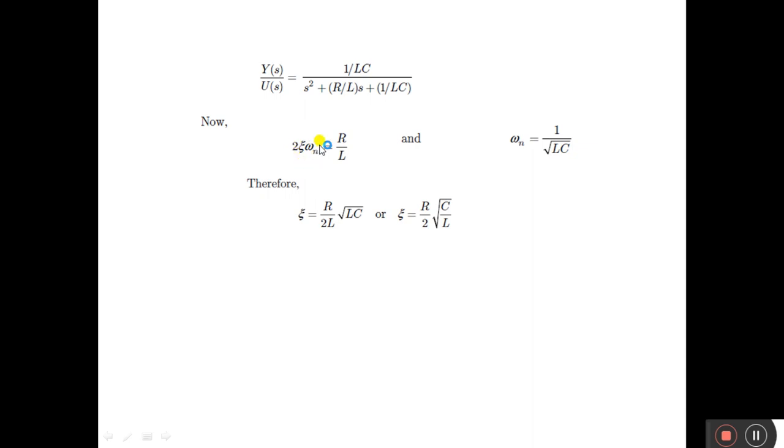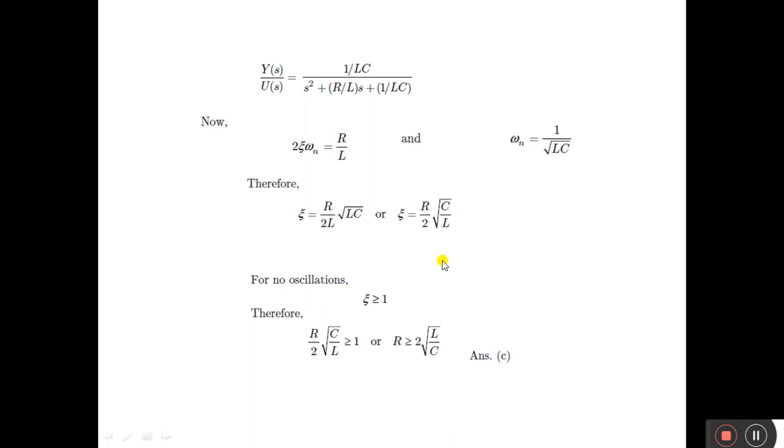Now apply the omega n value here. The 2 becomes part of the denominator, R by 2L. Applying omega n, you will get R by 2L root L by C. If you modify, you will get R by 2 square root of C by L. The condition is that there is no oscillation.